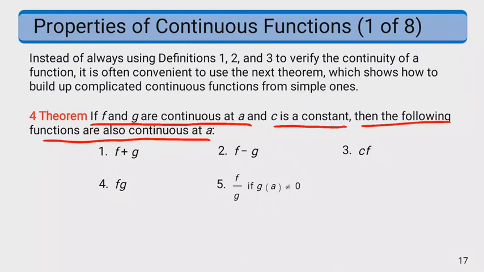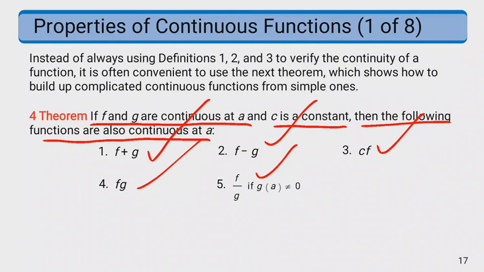If you create another function which is built from the sum of the two functions, that function will be continuous at x which is equal to a. You take a difference, you still find a continuous function. You take a product, you still find a continuous function. You get a quotient where you assume g is different from 0, then you still get a continuous function. You multiply one of the functions by a constant, then you still get a continuous function.